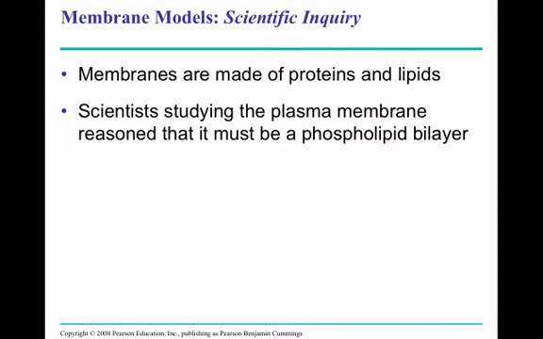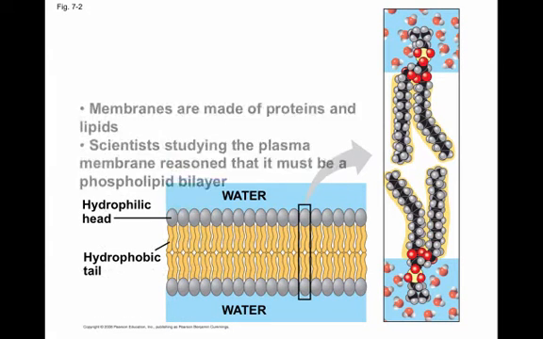And so the basic structure of our membranes are lipids and proteins doing various jobs, and there were lots of experiments done to try to figure out the structure of a membrane well before electron microscopes were available, and so we're going to look at what that was.